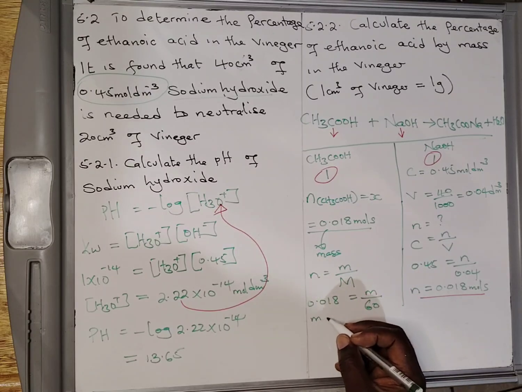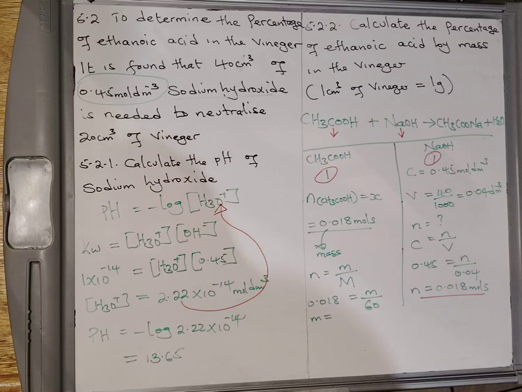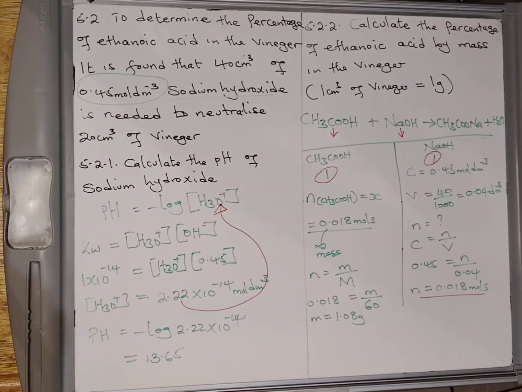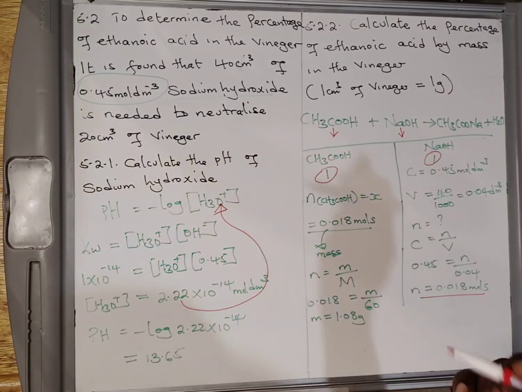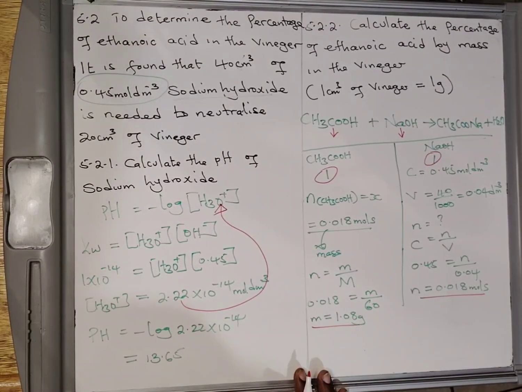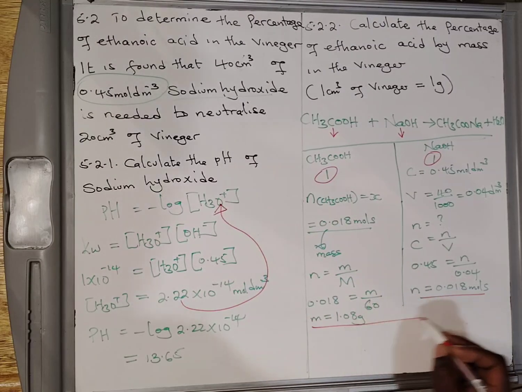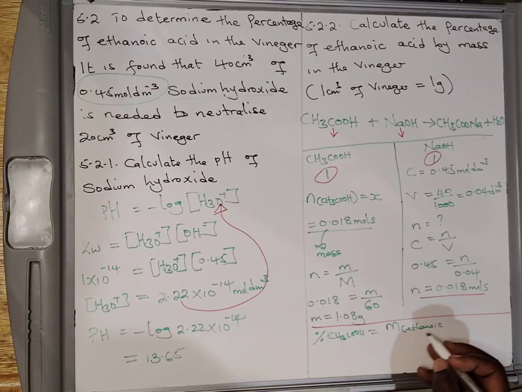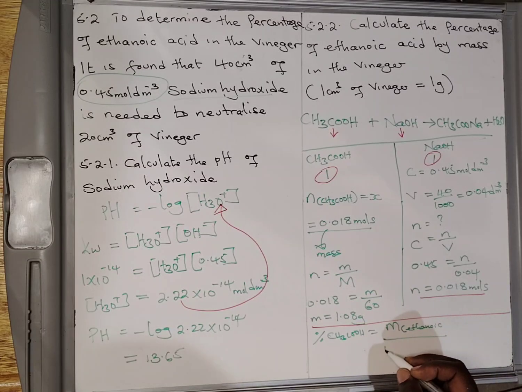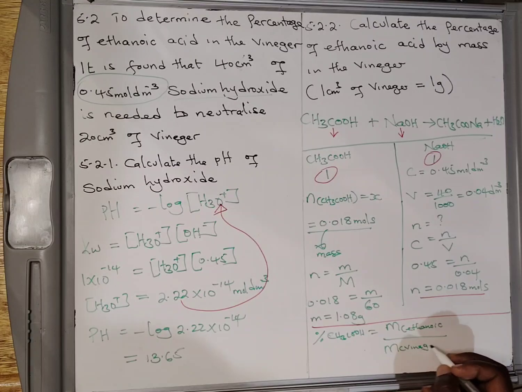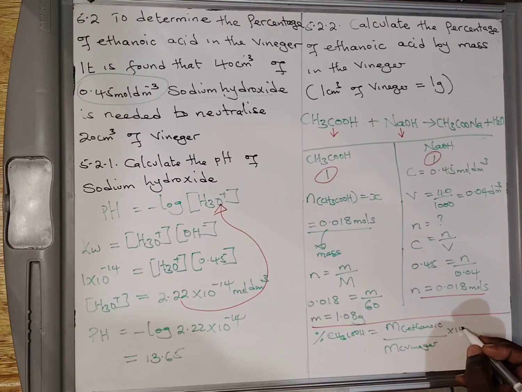From here we get the mass of ethanoic acid. After that, what do you have to perform? Mass of ethanoic acid over mass of vinegar, times 100.